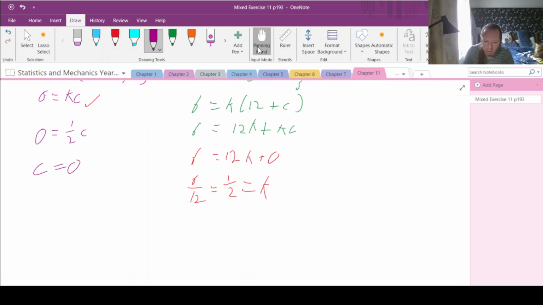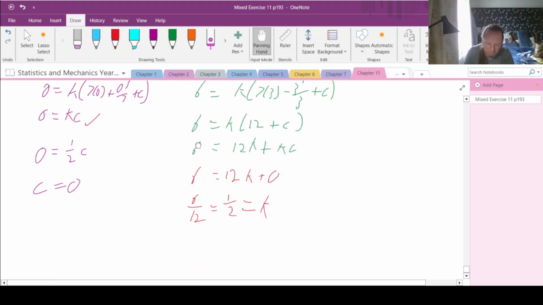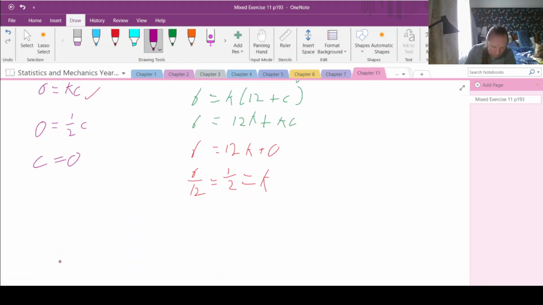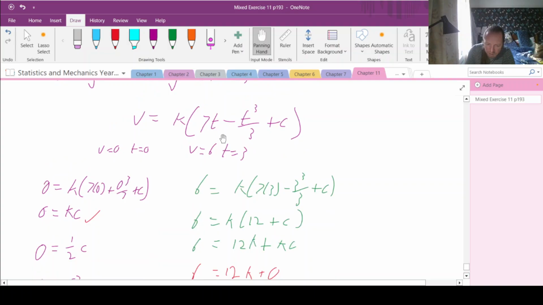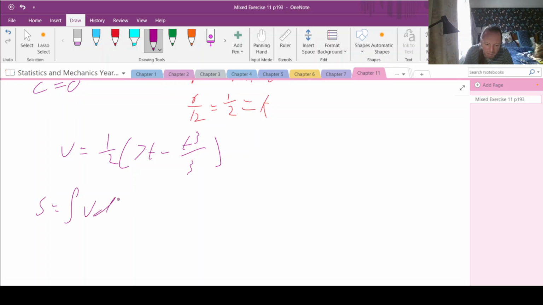All right, so coming back up here, velocity equals k, which is a half, times 7t minus t cubed over 3 plus 0, so that's gone. Now I can say that my distance is equal to the integral of velocity with respect to time.